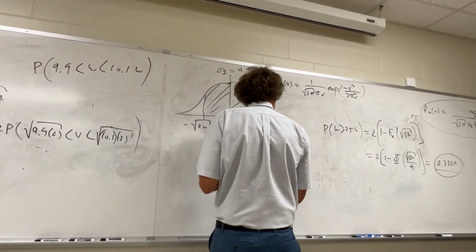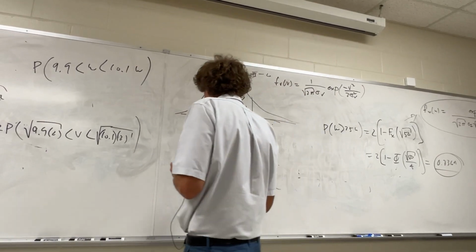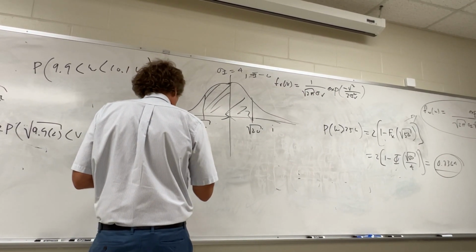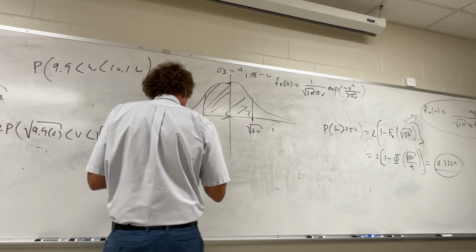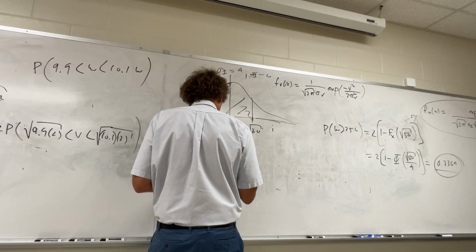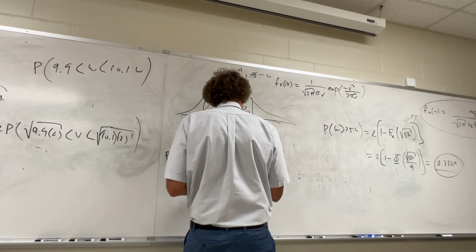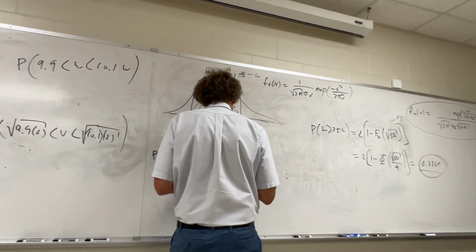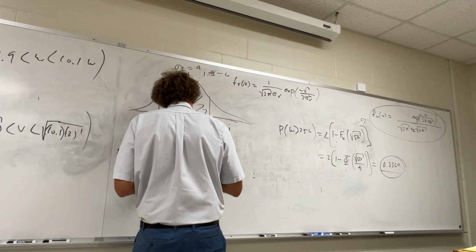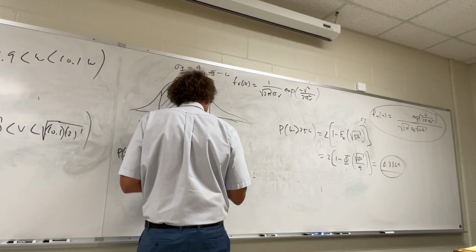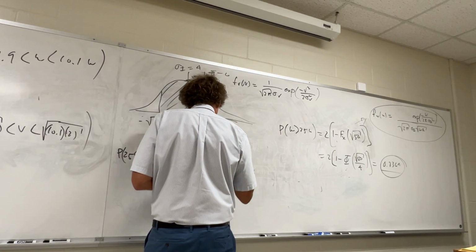So that would be what? Technically, the probability of the wattage being greater than 25 is the same thing as twice the probability of V being between 0 and the square root of 20.